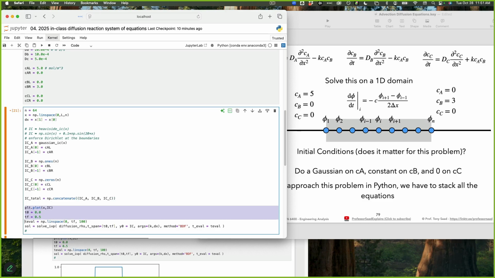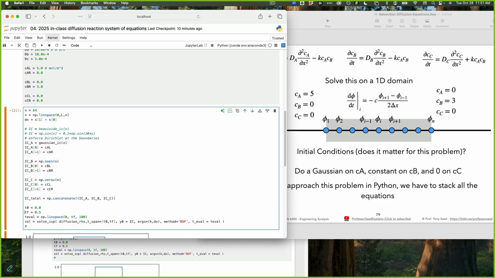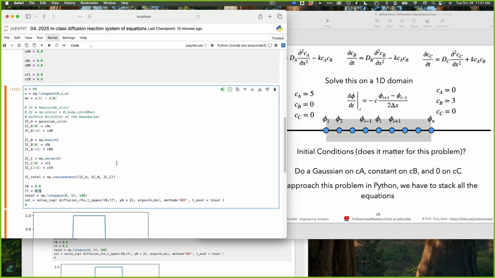And that's it. Let's comment this out and see if we can do this from 0. T final, maybe put 100. Then we'll evaluate it at a fixed time, and then solve IVP.